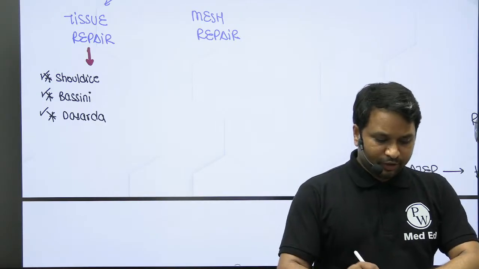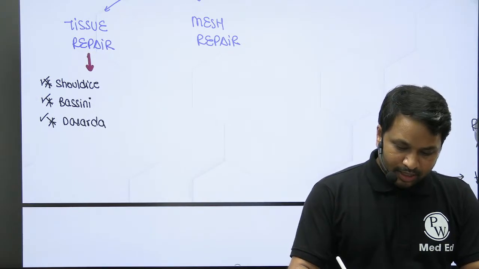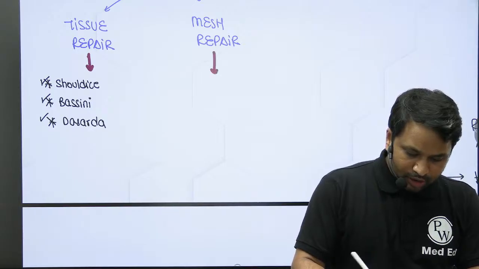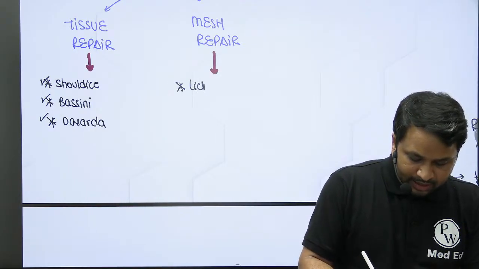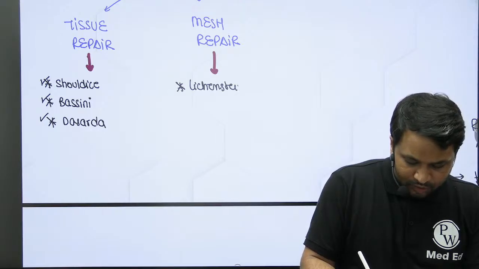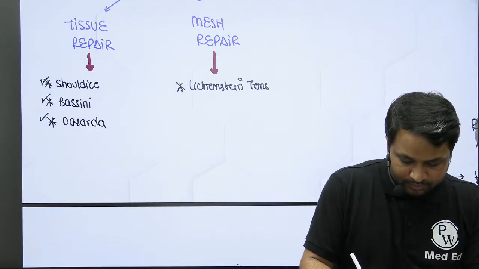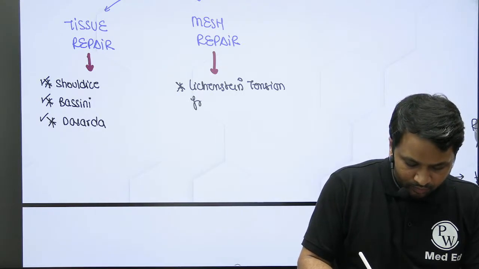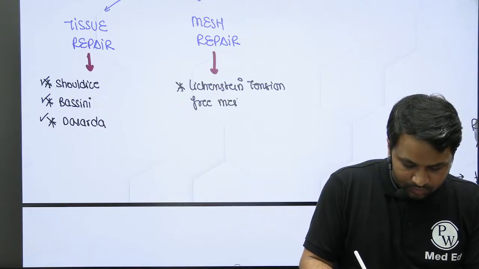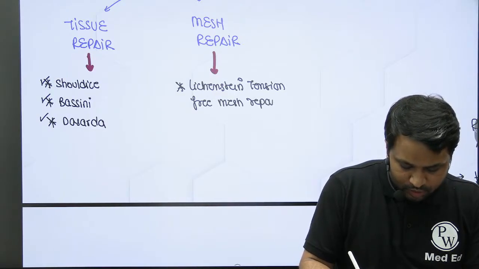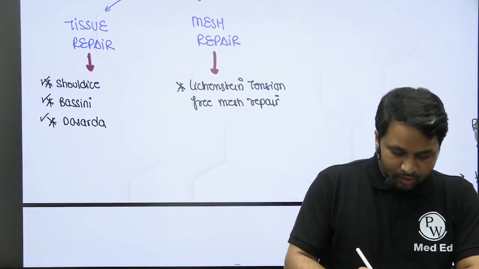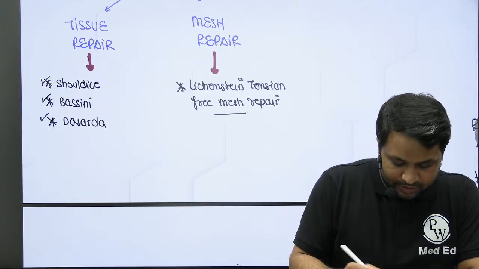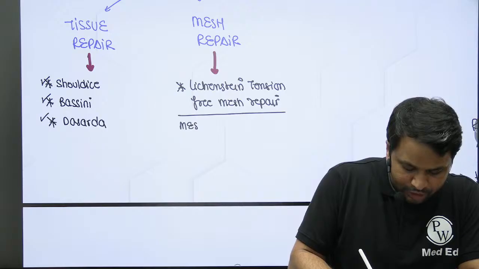On the other hand, if we are talking about mesh repair, here I'm going to use the Prolene mesh. When you use a mesh repair, this is what we describe as the Lichtenstein tension-free mesh repair, right? Now, they will always expect you to tell the mesh material.